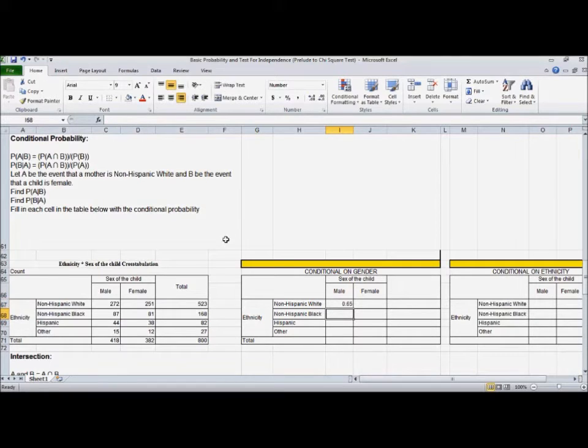And that we can do for every other category. So for instance, non-Hispanic black given male, we would calculate as 87 over 418. Hispanic given male, 44 over 418.